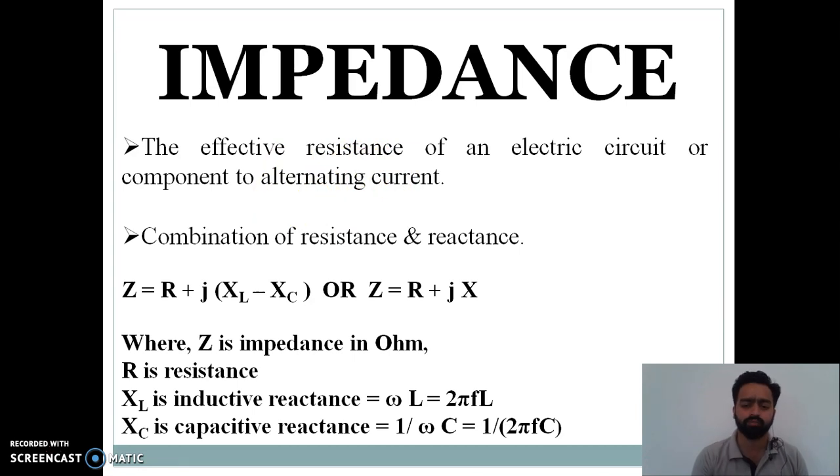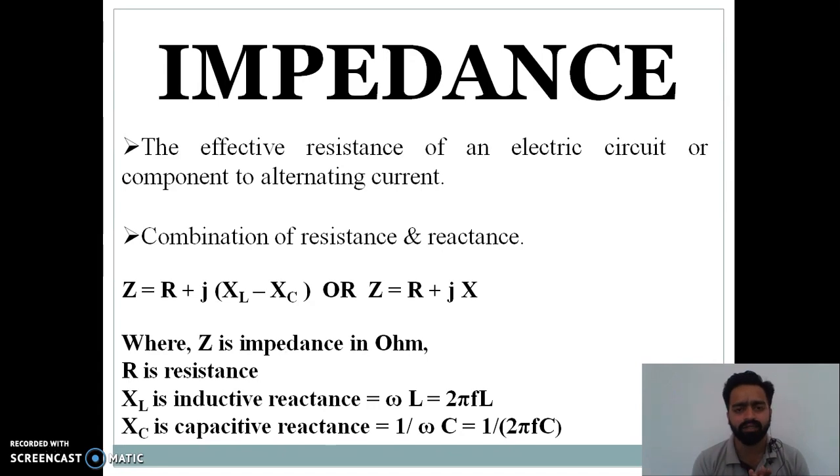As XL and XC both are dependent on frequency, when your circuit has an AC supply, we need to take into consideration these effects, which are called reactances. So for a DC circuit, impedance is only resistance, whereas for an AC circuit, impedance is a combination of resistance and reactance, which has the equation Z is equal to R plus j (XL minus XC).